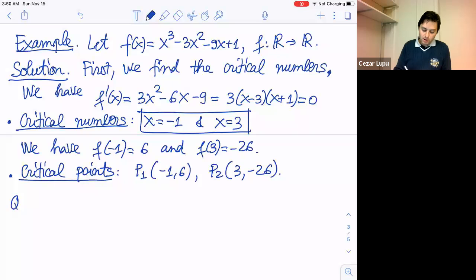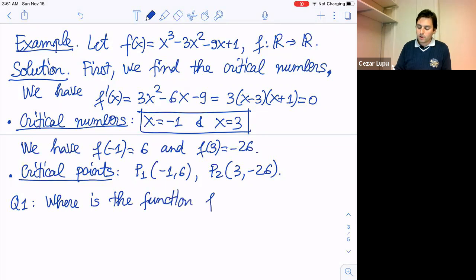Now we'll ask the following question. The first question we would like to ask is: where is the function f increasing? And when I say where, I mean on what interval.